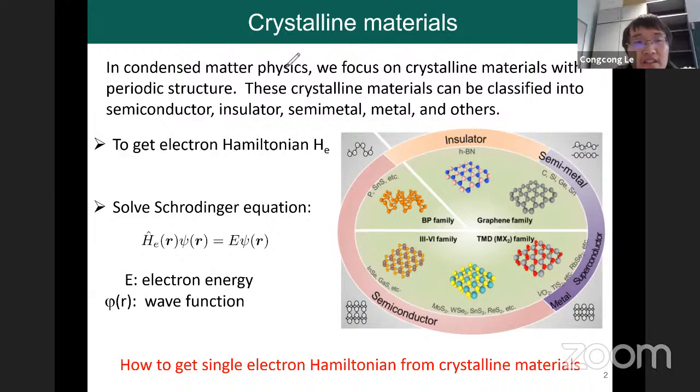And the second step, we need to solve the Schrödinger equation like these formulas. Here, E is the electron energy and phi is the wave function. If we know the electron energy and wave function, in principle, we can understand everything. Then I will explain how to get the single electron Hamiltonian from crystalline materials.